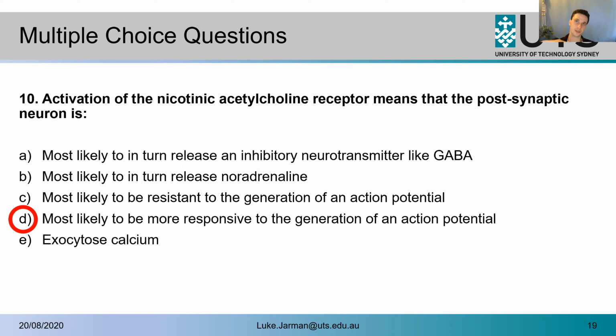Lower threshold means that the resting membrane potential doesn't have to come up very high. You don't need a very strong stimulus to meet that all or nothing principle and get your full action potential, or your full response.